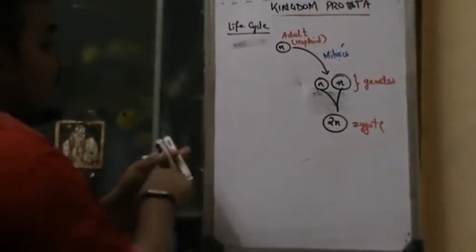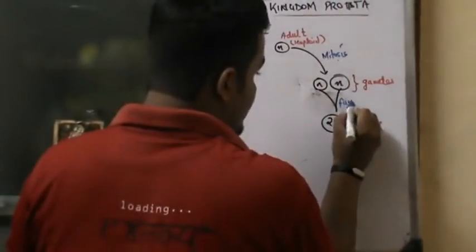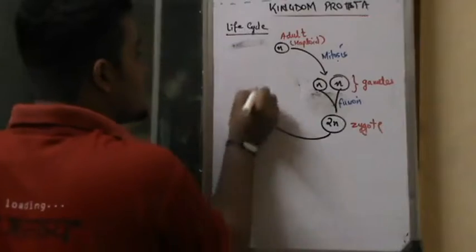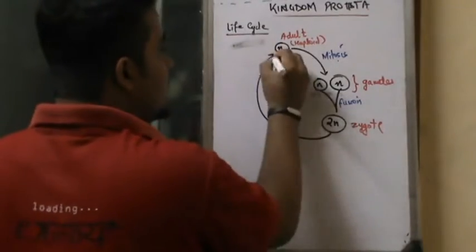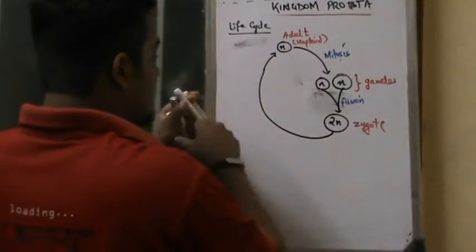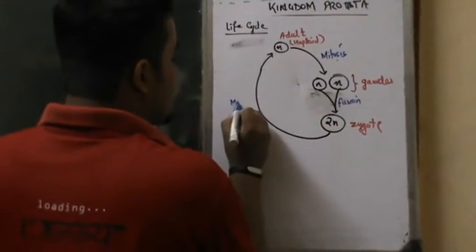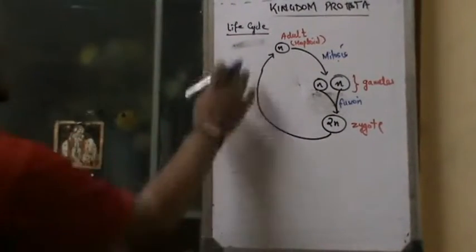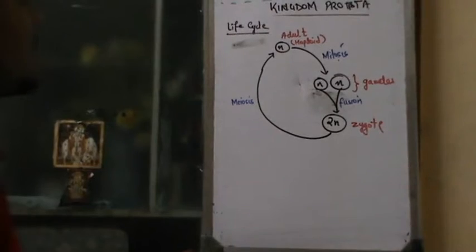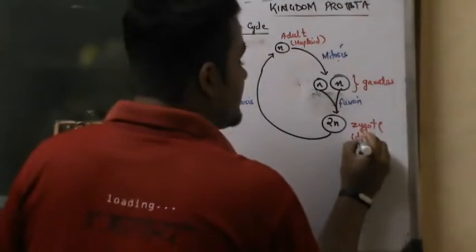This diploid zygote then undergoes meiosis, and again forms the haploid adult. So the zygote is diploid in these protistans.